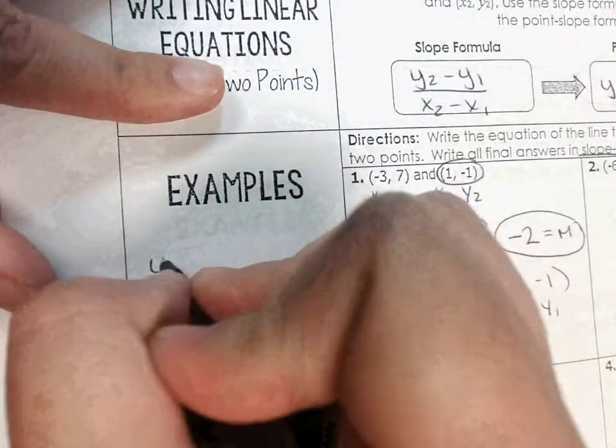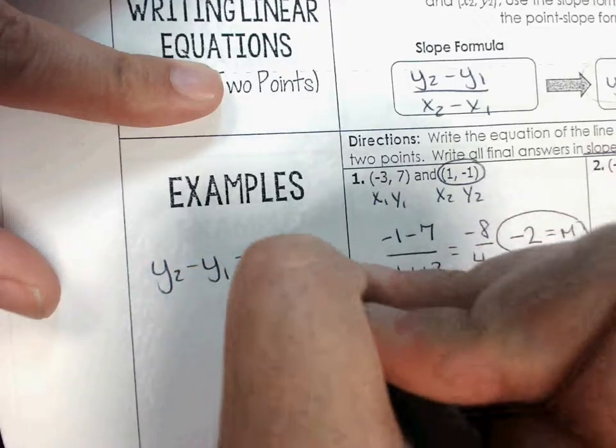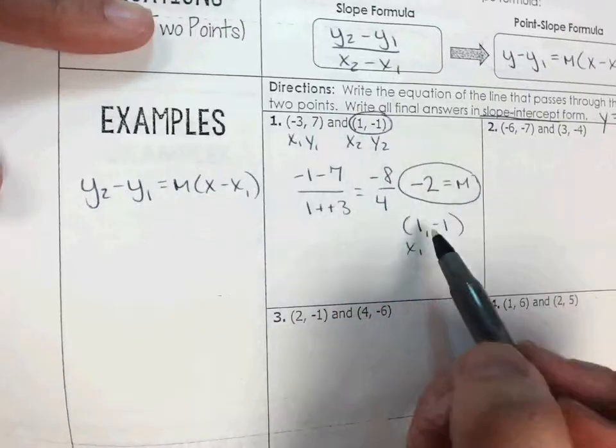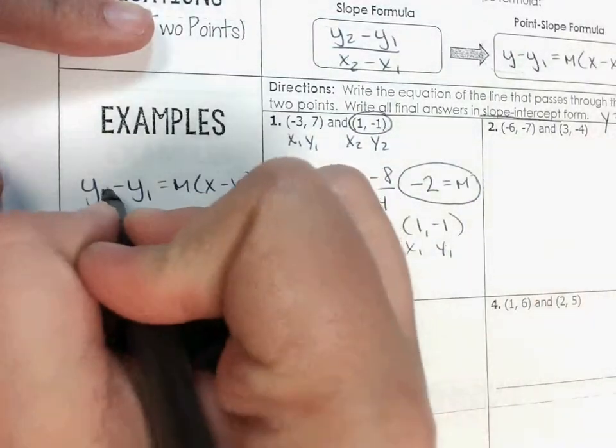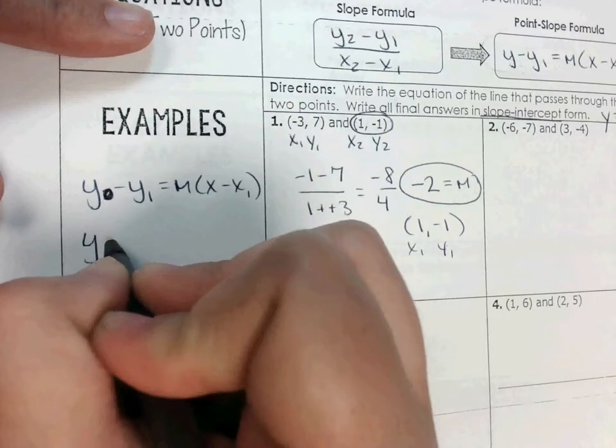So I'm going to rewrite the formula again so y'all can see what I'm plugging in. So it's going to go, oh, I'm sorry, not y2. Sorry, just y. This y stays the same.